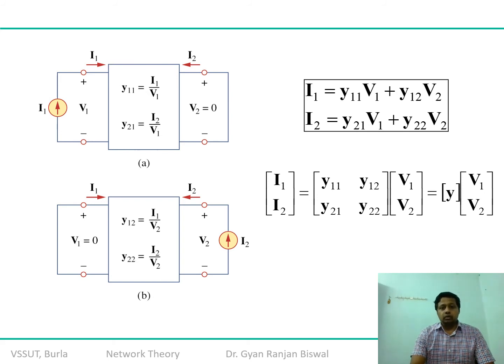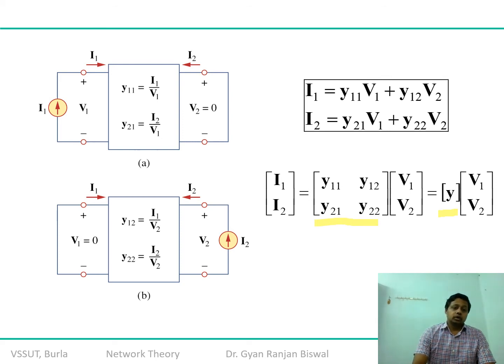Now if you conclude all the four matrices, you see in matrix form that to calculate the value of Y, you need to work out Y11, Y12, Y21 and Y22 in this fashion.